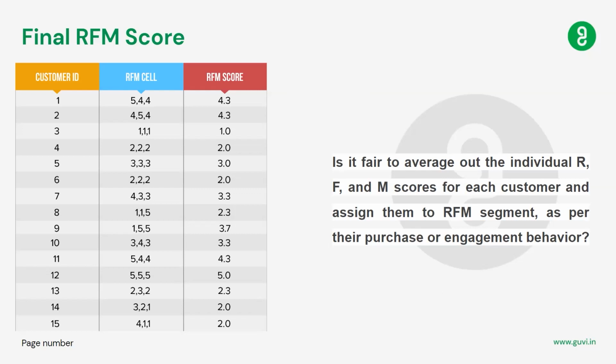For a consumer durable business, the monetary value per transaction is normally high, but frequency and recency are low. For example, you cannot expect a customer to purchase a refrigerator or air conditioner on a monthly basis. So a marketer could give more weightage to monetary and recency aspects rather than the frequency aspect.